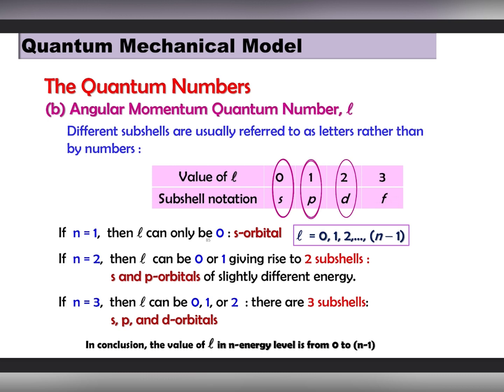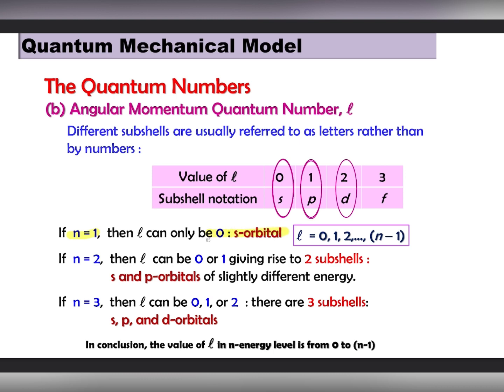Okay, so let's relate back apa yang kita dah belajar. If N equals 1, the value of L can only be, hanya boleh jadi kosong. So kalau kosong maksudnya yang boleh wujud hanyalah S orbital sahaja.